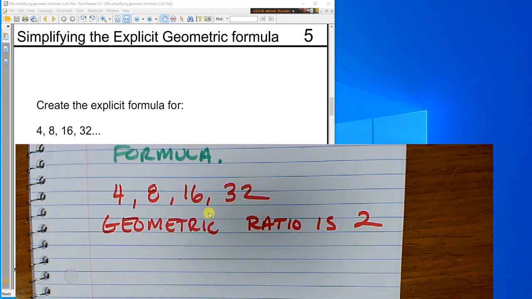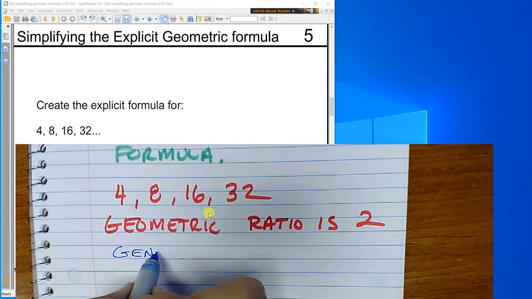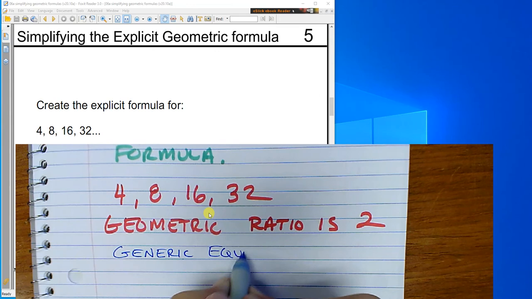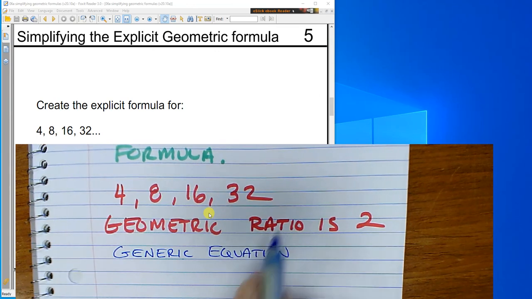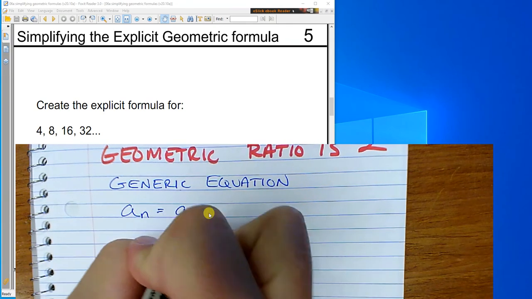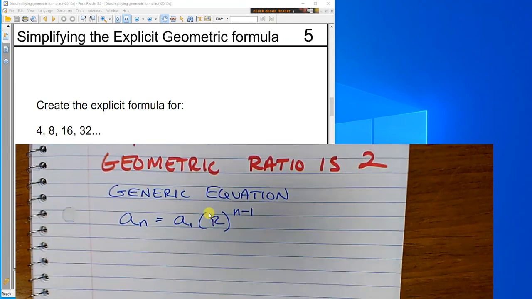And the generic equation for this is a sub n equals a sub 1 times the ratio to the n minus 1. That is the generic geometric equation.